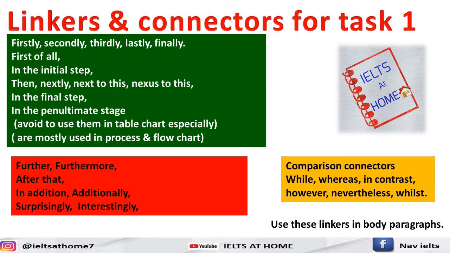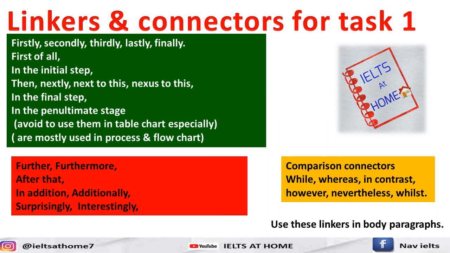Now you can see different connectors and linkers for task 1 on your screen. In the green box, I have written some connectors and linkers, like firstly, secondly, thirdly. You can use these to represent your next point or next line. You can also use for starting, like first of all, or in the initial step, then nextly, next to this, and then final step, in the penultimate stage.